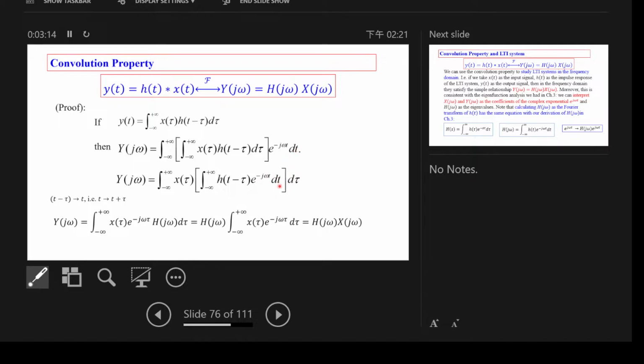You do the integration on t first and then the integration on tau, and you do some change of variable. You see that the integration on t with small h becomes big H, and the remaining integration on x gives you big X. So the property itself is pretty straightforward.